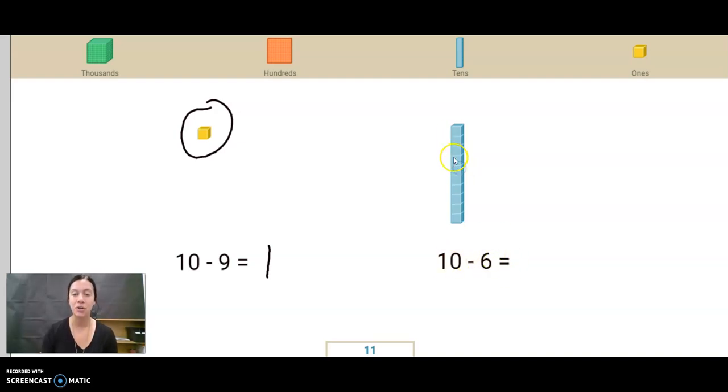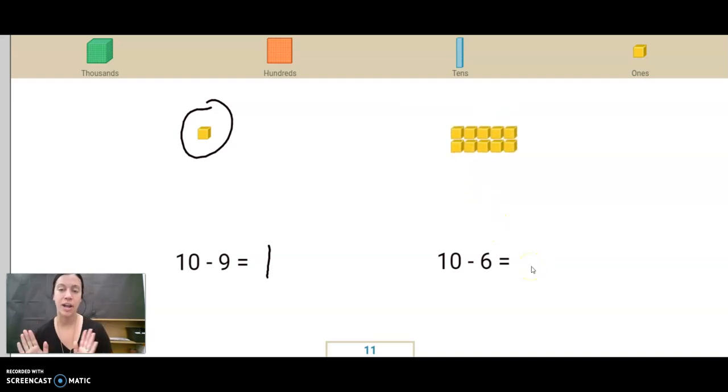This time I am going to break apart my rod, but I'm not going to do any taking away or crossing out. I want you to think about how you can use what you know with pairs that make 10 to try and solve this subtraction problem. So if we're starting with 10 and we're taking away 6, can you think about what would be that pair with 6 that would get us back to 10?